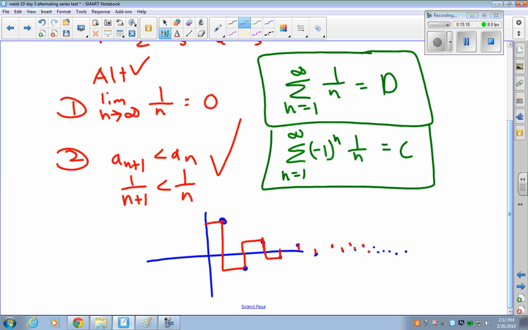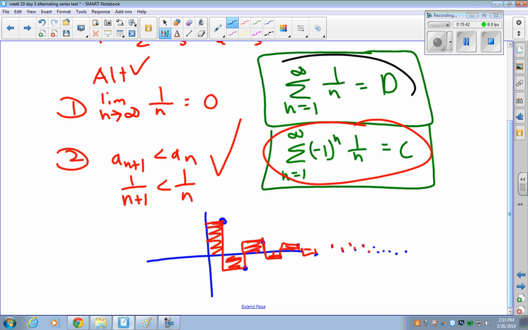For the most part, if you have a diverging guy and I make him alternate, most likely he's going to converge. And the reason why is this: this guy here that I just drew you is box minus box plus box minus box plus box minus box. Okay? Do you see how that minusing part kind of controls him a little bit?